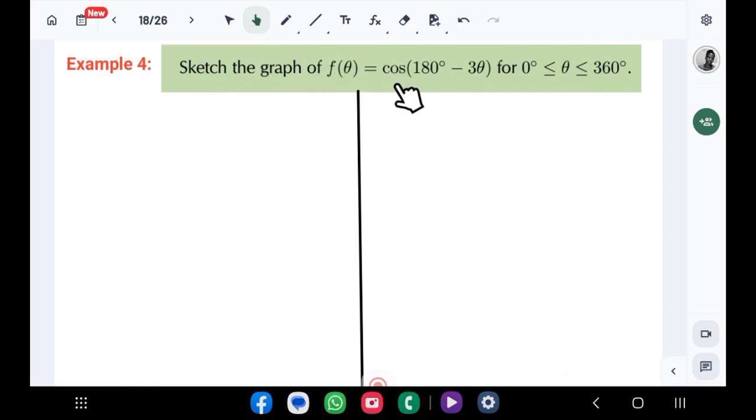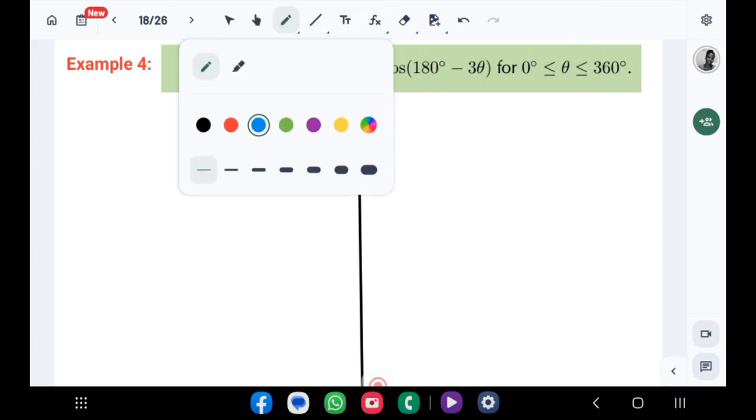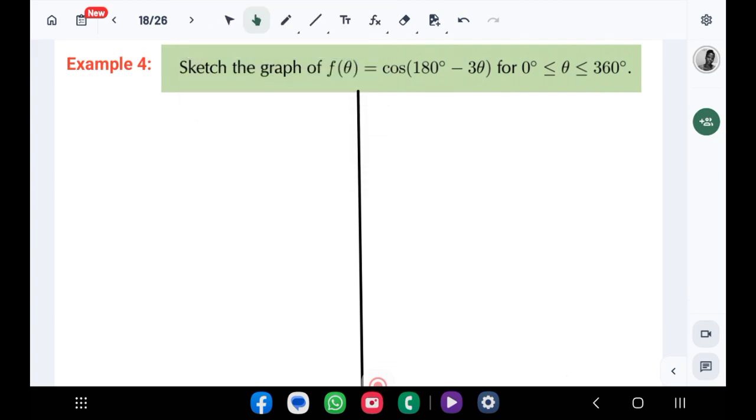Example number 4: sketch the graph of f of theta equals cos of 180 degrees minus 3 theta, for a domain between 0 and 360 degrees. First of all, we figure out what the period is going to be, by making sure that we factorize.